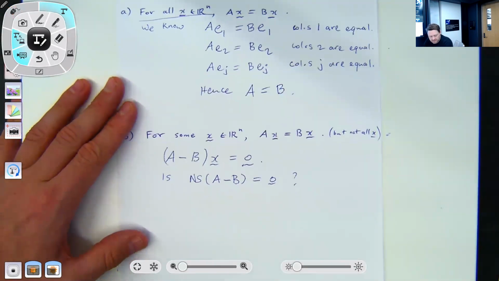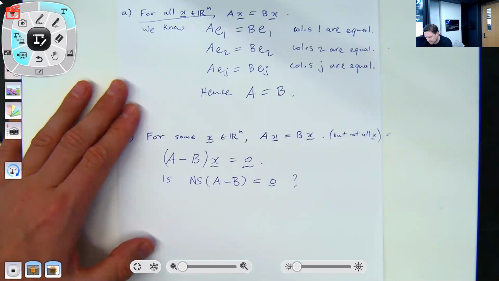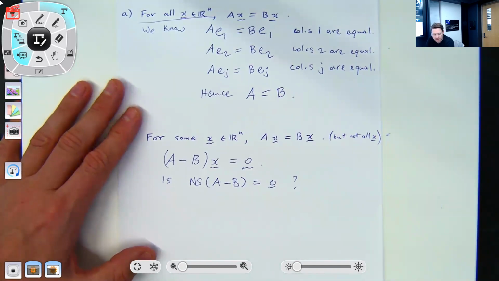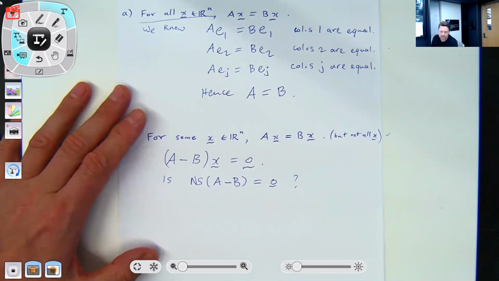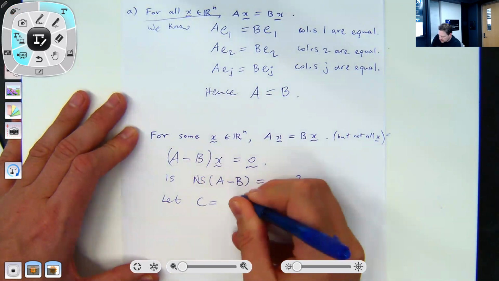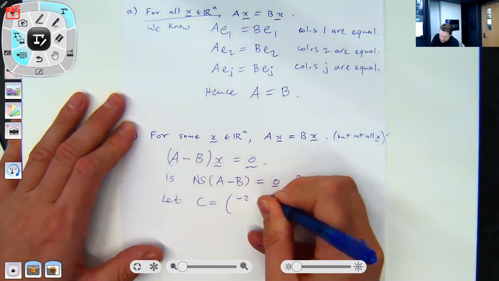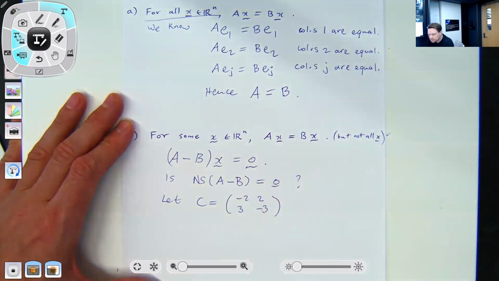All right, so let's just see if we can find a matrix that has, and in fact, we can even choose a 2 by 2 matrix, right? To illustrate the point. So let's choose a 2 by 2 matrix that has a non-trivial null space. Okay, so let's let C be equal to minus 2, 2, and then 3, minus 3. Okay, and now look at the null space of this.